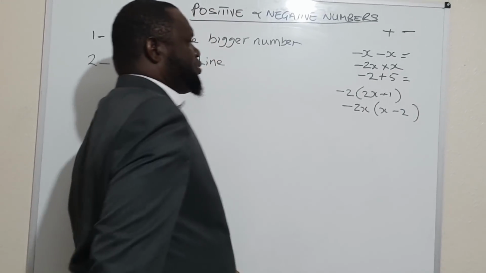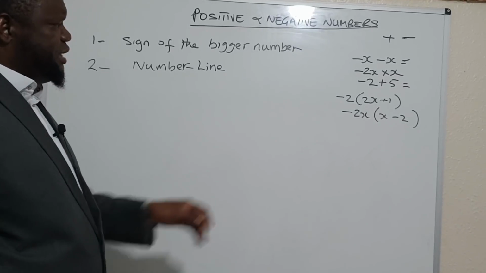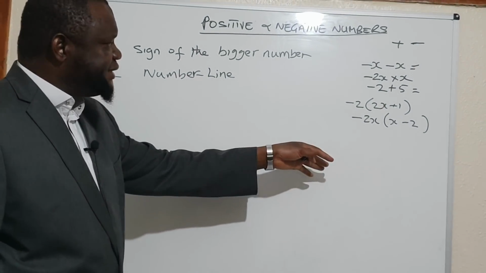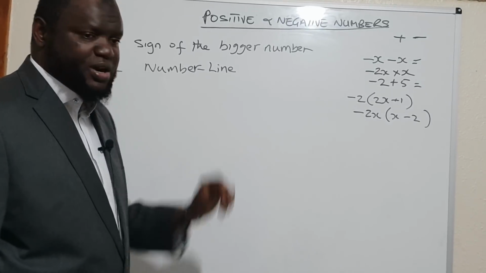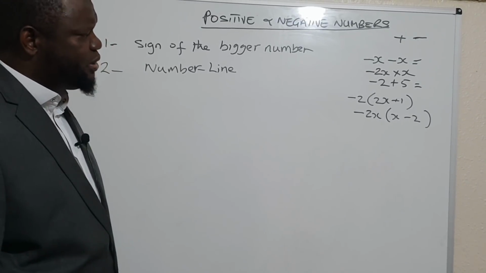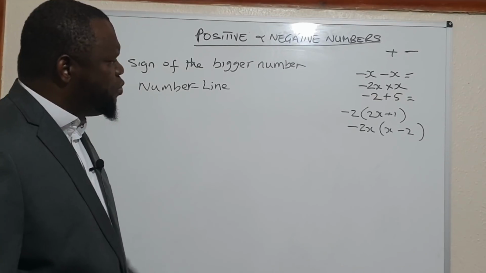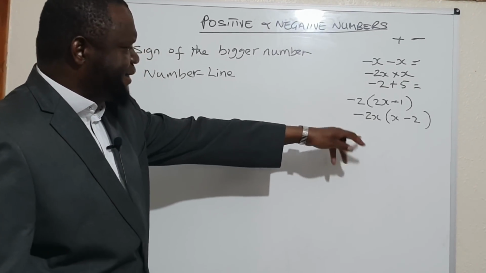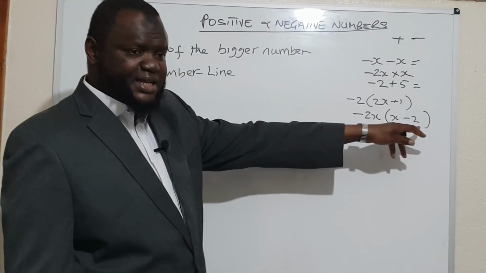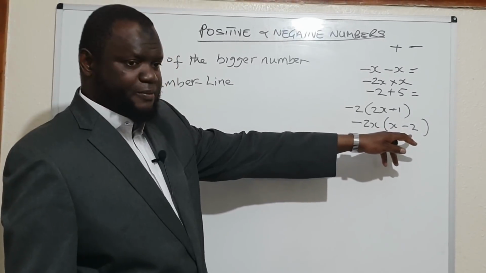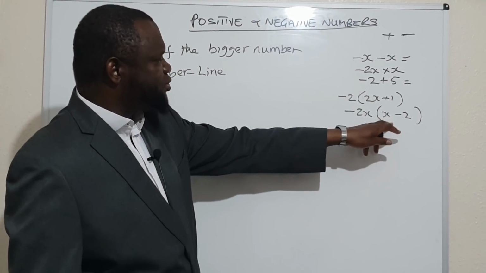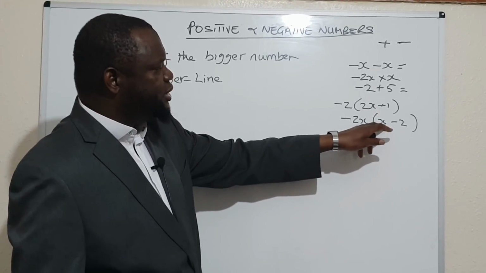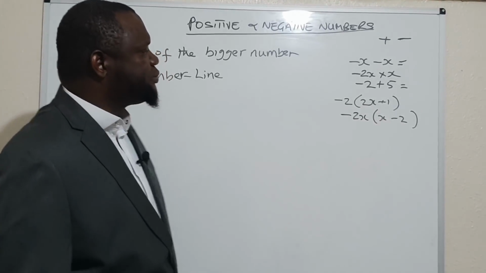You see, if you don't know how to work with the signs, plus and minus, when you add, when you multiply, this thing becomes difficult for you to do. Because when minus is outside the bracket, it's multiplying everything inside the bracket. Okay? So minus times minus is always positive. This will make it positive. So if you don't know how to deal with it, you will have this type of question wrong.